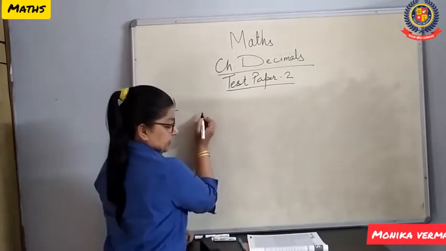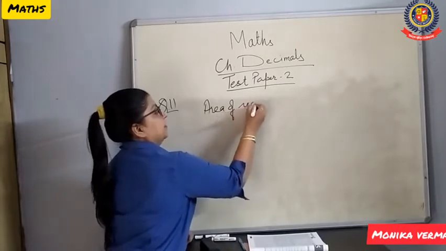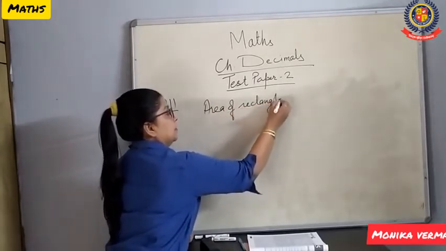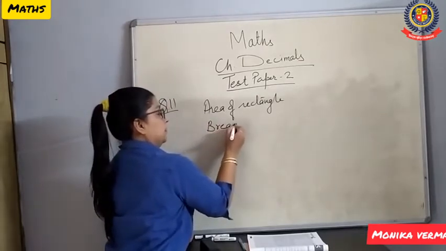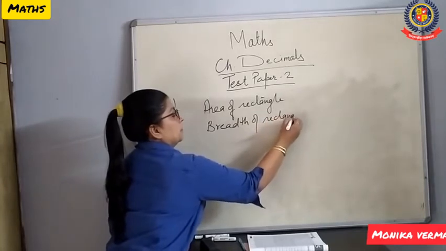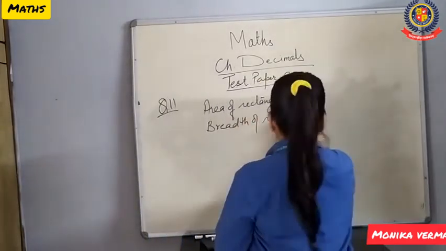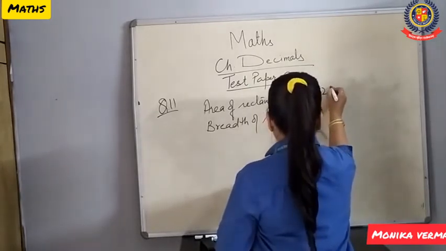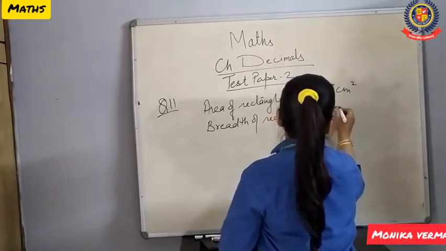So we'll write area of rectangle and breadth of rectangle. 31.25 centimeter square and 2.5 centimeter.